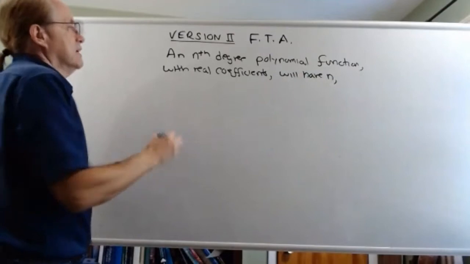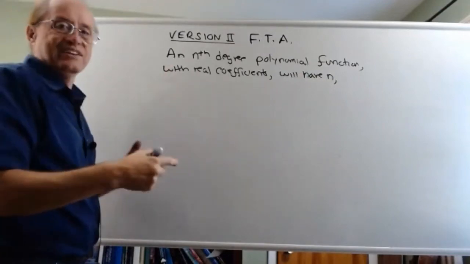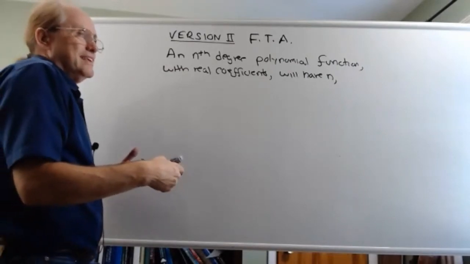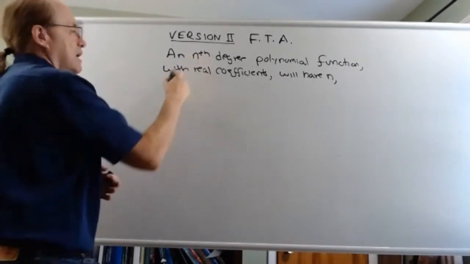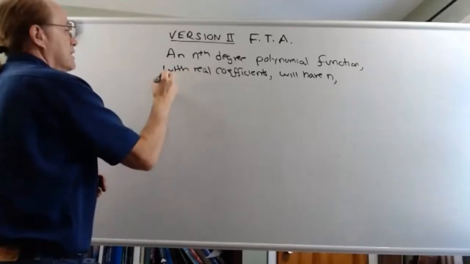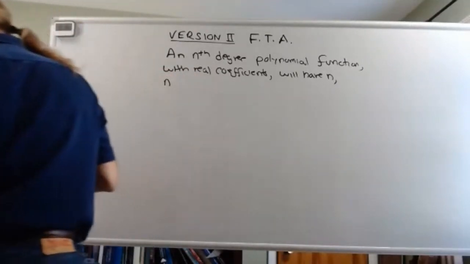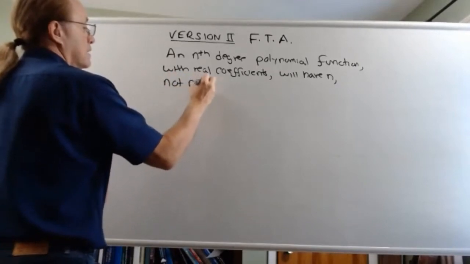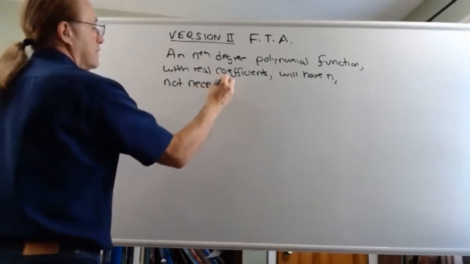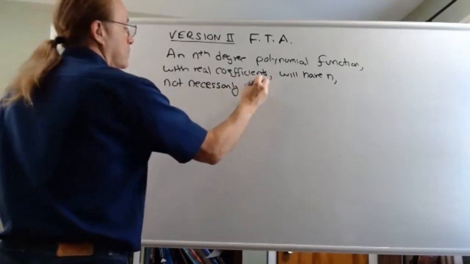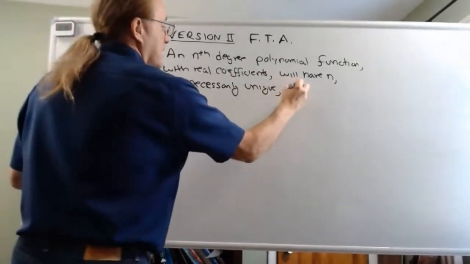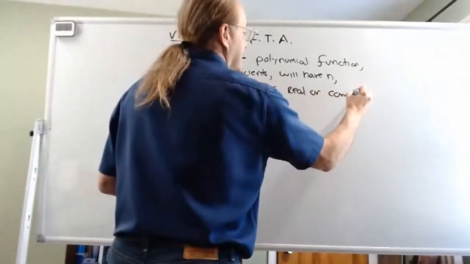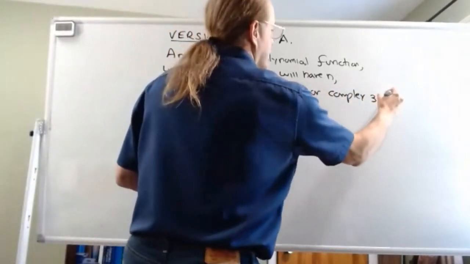not necessarily unique. It could have a repeated zero. It could be 2, it goes and it actually repeats in terms of the number n. So we'll have n, not necessarily unique, real or complex zeros.